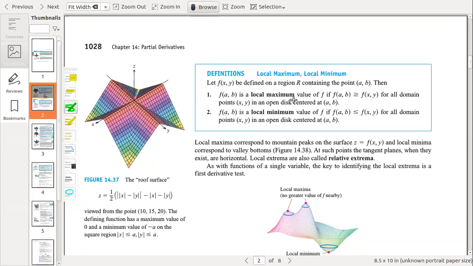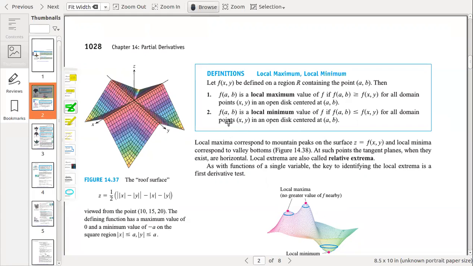It means this is a point in the range of f, if the function values are less than or equal to that fixed value at (a, b) for all domain points in an open disk centered there. So the graph of this function will be like a disk.